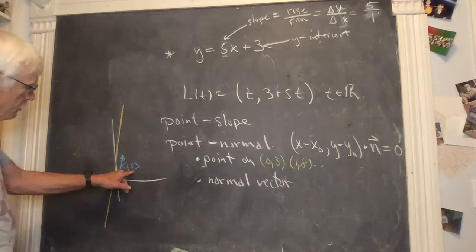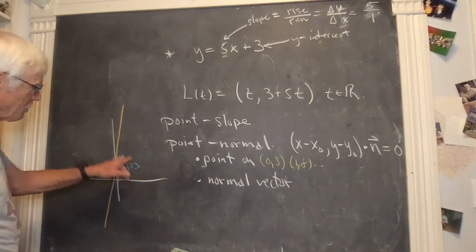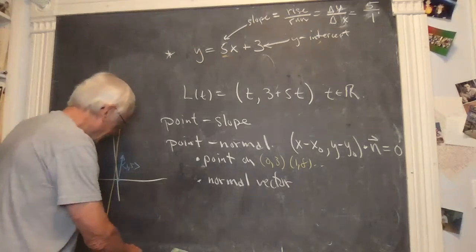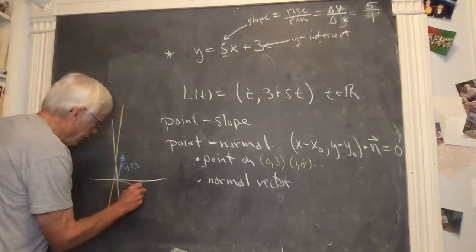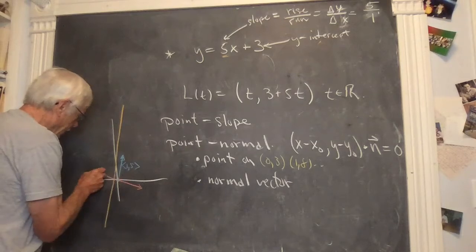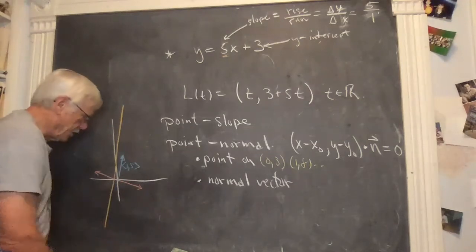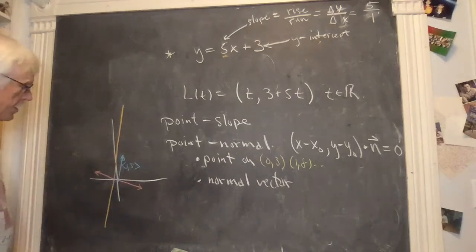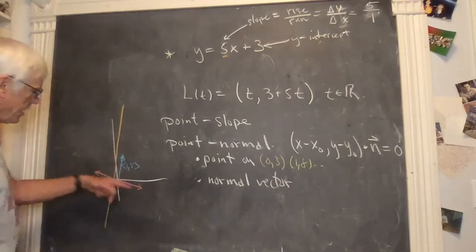You need a normal vector, an orthogonal vector, a perpendicular vector. Those are all synonymous for us here. So you need like this guy here, or maybe this guy here. Those are normal. Those are perpendicular to the direction of the line, and so to the line itself. So these are candidates for n.